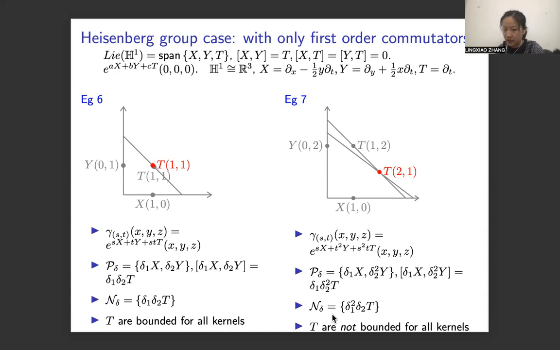It cannot be written as a linear combination of the dilated pure vector fields together with their commutators with bounded coefficients. And so by our theorem, T is not bounded for all kernels.